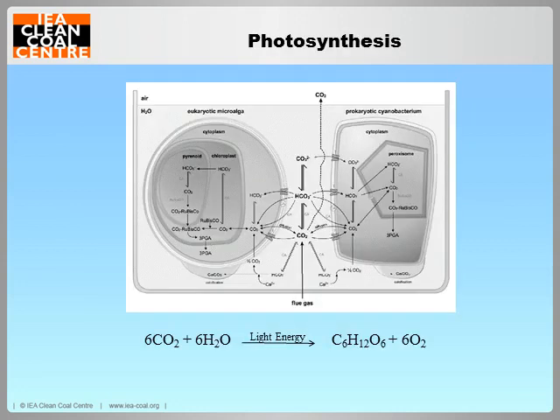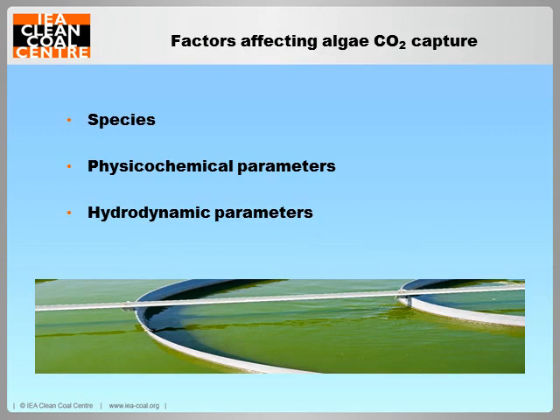The theory behind algae capturing CO2 is photosynthesis. It is estimated that more than 50,000 algae species exist, and numerous species have been identified that are able to fix inorganic carbon in the environment. However, unlike air, which has a low CO2 content, flue gas typically contains 4 to 14% or more CO2.